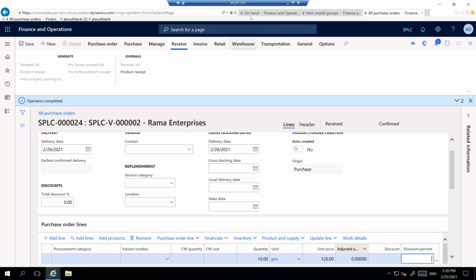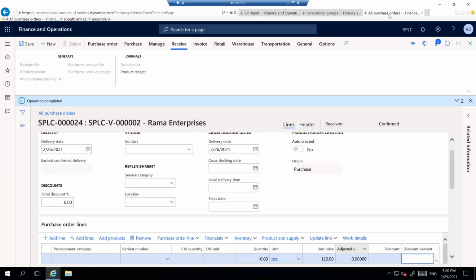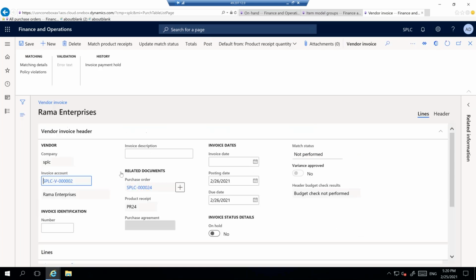Okay, now if you verify on hand inventory, same, it will update 1200. Cost price will not be updated, but total quantity, available quantity, physical quantity is 20, because we have received another 10 also. So once it is invoiced, invoice date, and before update you will verify totals.